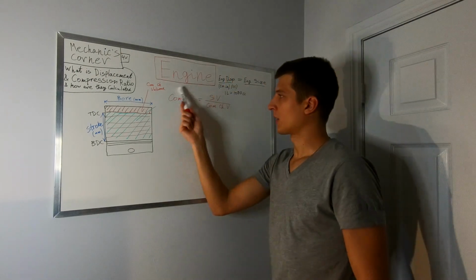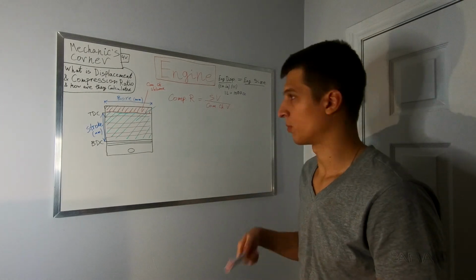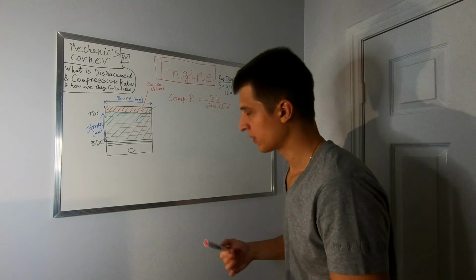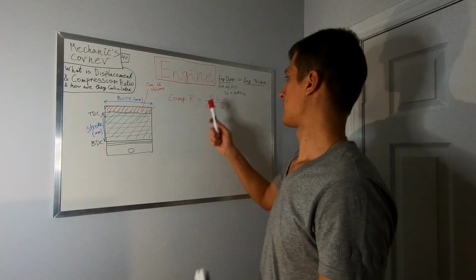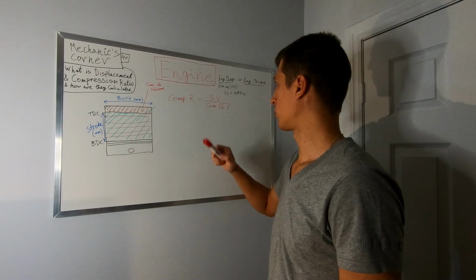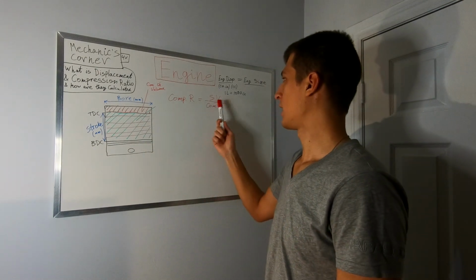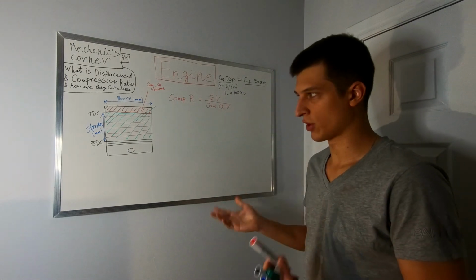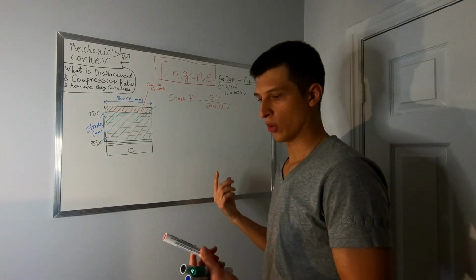Obviously, in order to calculate the compression ratio, you would need to know the compression chamber volume, but it's not usually available or given. But the compression ratio is. And since we have calculated the swept volume, or the displacement of the individual cylinder, and we were able to search up the compression ratio for a particular engine, we can actually calculate the compression chamber volume, which we will do.